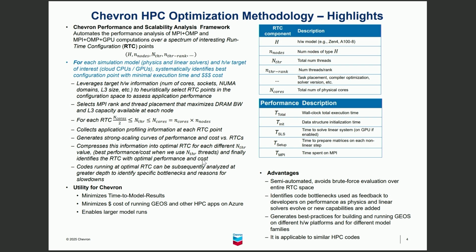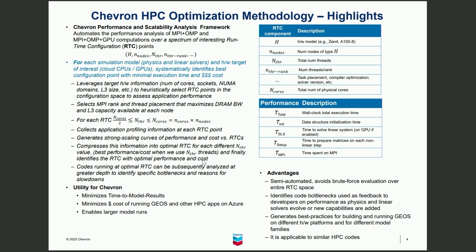From experimentation and practice, we know it makes a big difference how you locate them. So this analysis environment selects good places to put the ranks and the threads, so we can guarantee we start from a good starting point.